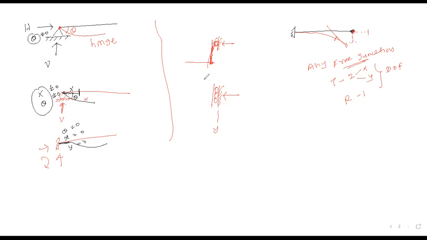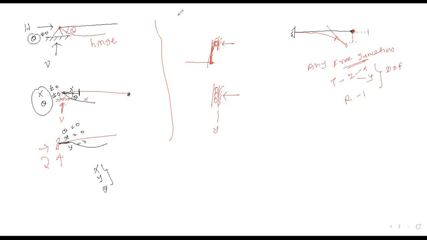Now, a free junction is free to translate in x direction, free to translate in y direction, and free to rotate. So for a free junction, you have x, y, and theta. All 3 components are available. Is it clear?